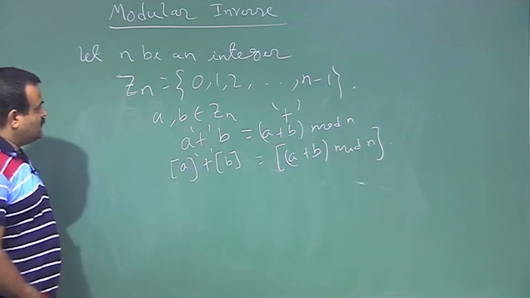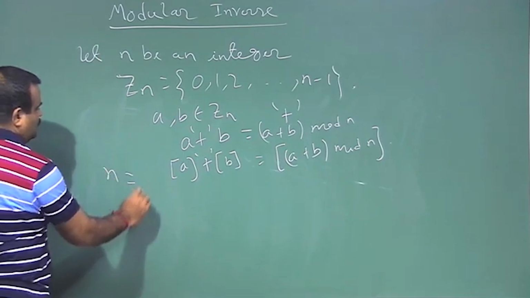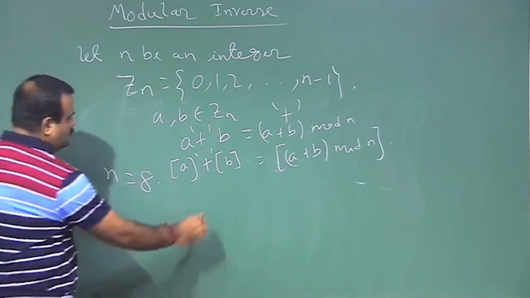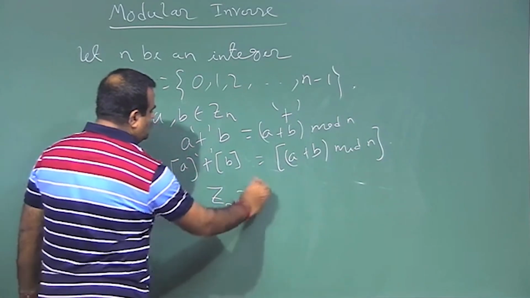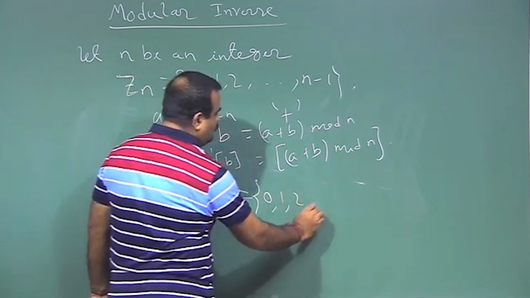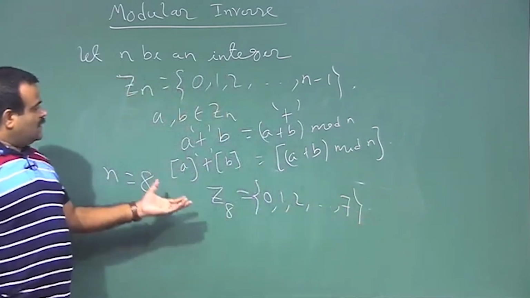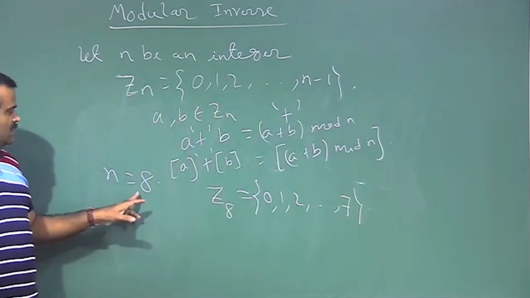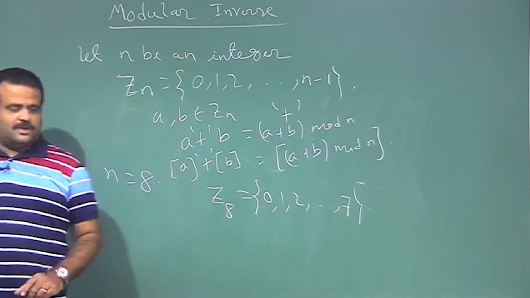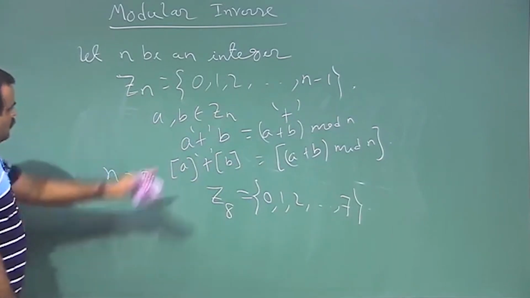So if we take, say, n is equal to 8, what is Z8? Z8 is basically 0, 1, 2 up to 7. If we take any integer and divide by 8, the remainder will be from 0 to 7. Now how do we define addition?